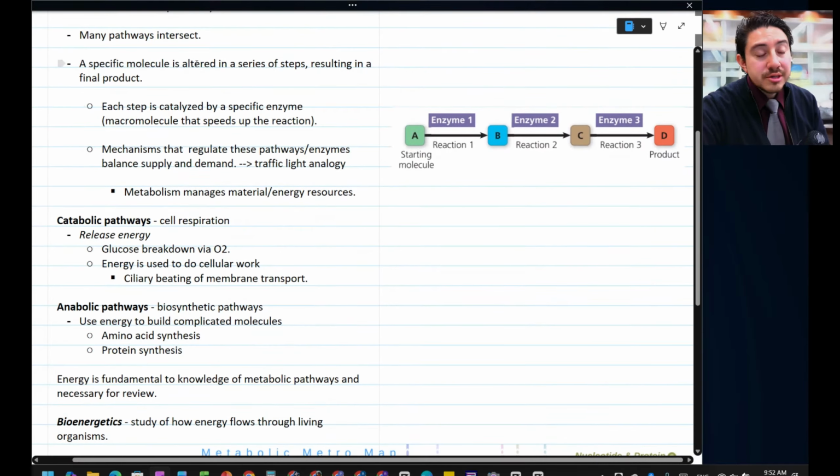Usually these reactions are aided by specific enzymes. More specifically, they're catalyzed. You can see this diagram here of what I'm referring to. You have the starting molecule undergoing a chemical reaction with the help of enzyme number 1 to become product B, and then product C via reaction 2, and then product D as the final product.